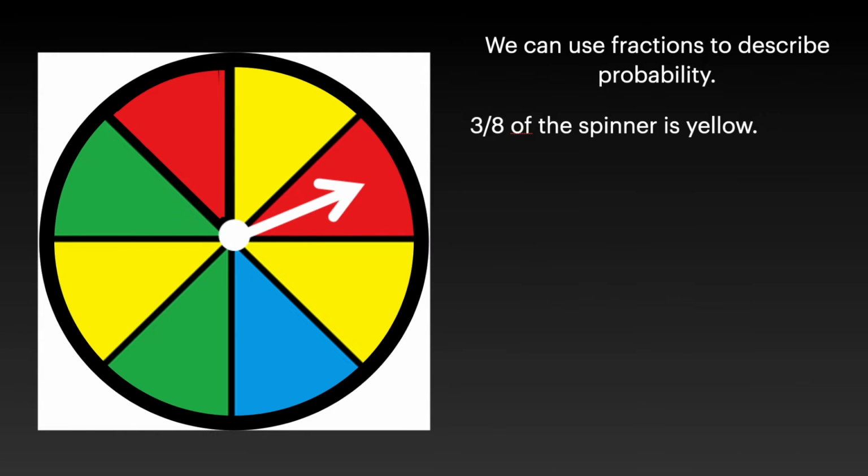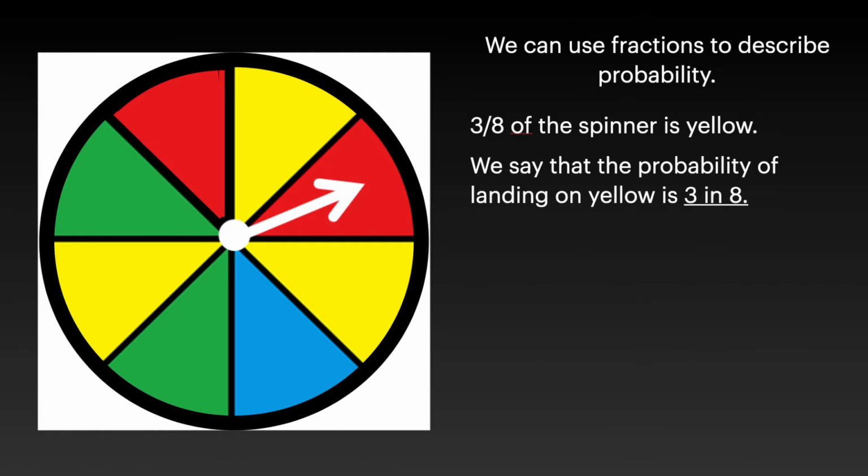So I can create a fraction and I can say that 3/8, because my spinner is divided into 8 equal sections, 3/8 of the spinner is yellow. So I can write a probability sentence using that fraction, and I can say that the probability of landing on yellow is 3 in 8. That's a probability sentence.